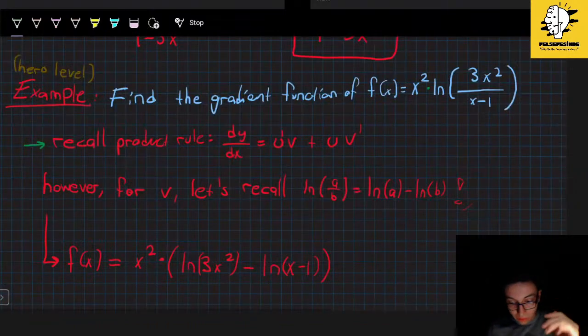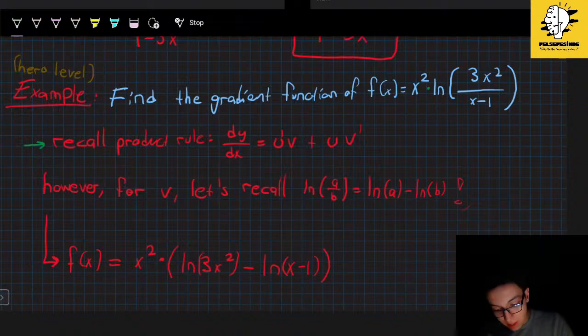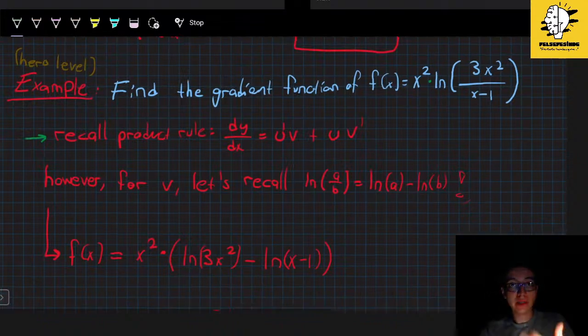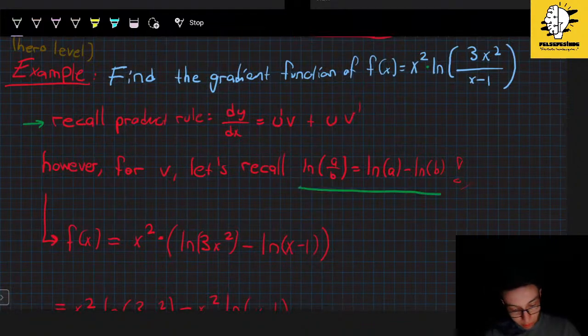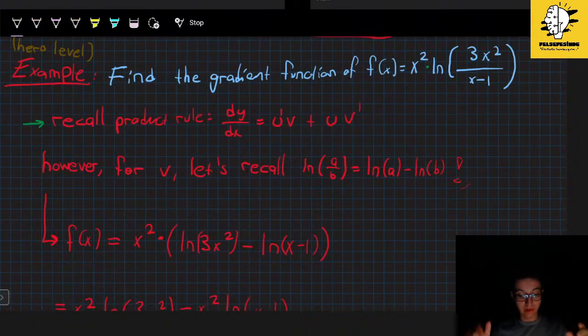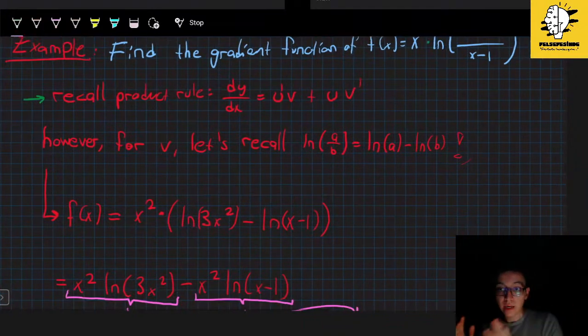For v, meaning the ln parts, we have to understand the concept that while we were talking about ln, we said ln a over b is equal to ln a minus ln b. This is very important, because now I just want to write it in the form of f(x) equals x squared times, in the parentheses, ln 3x squared minus ln (x minus 1).